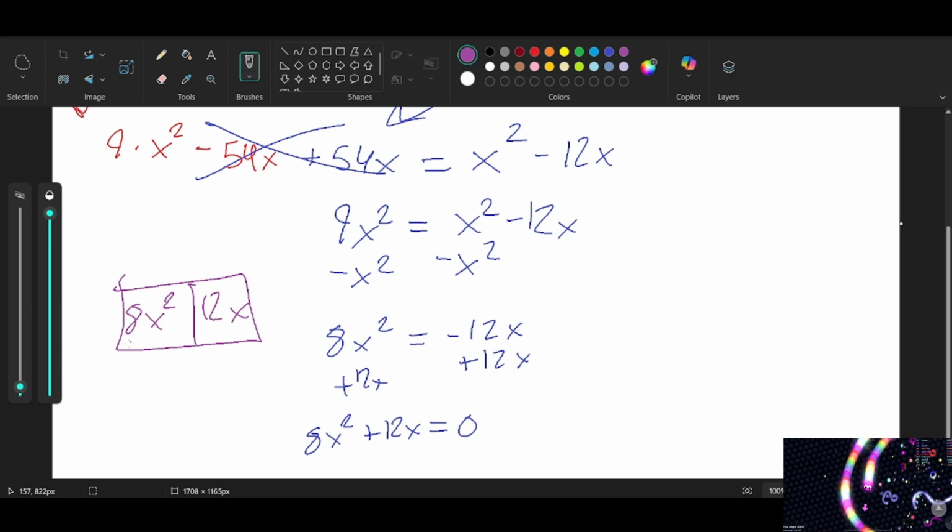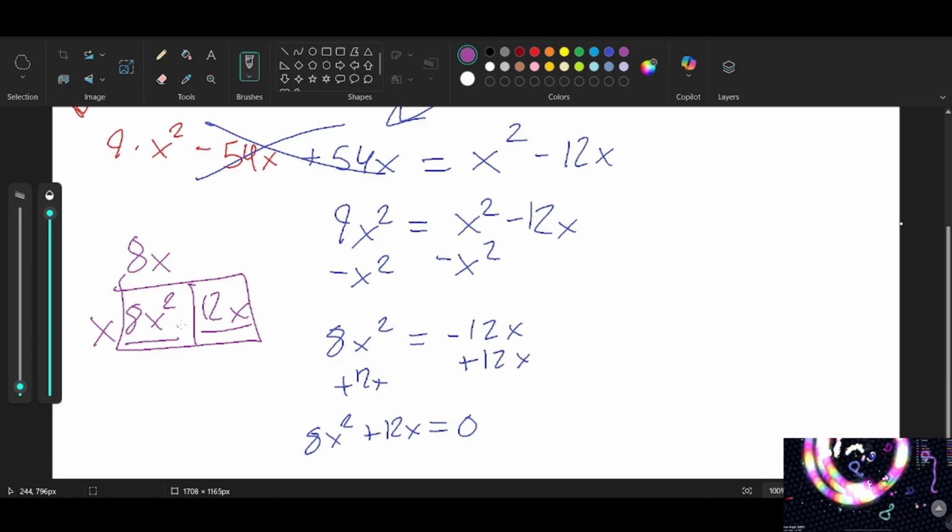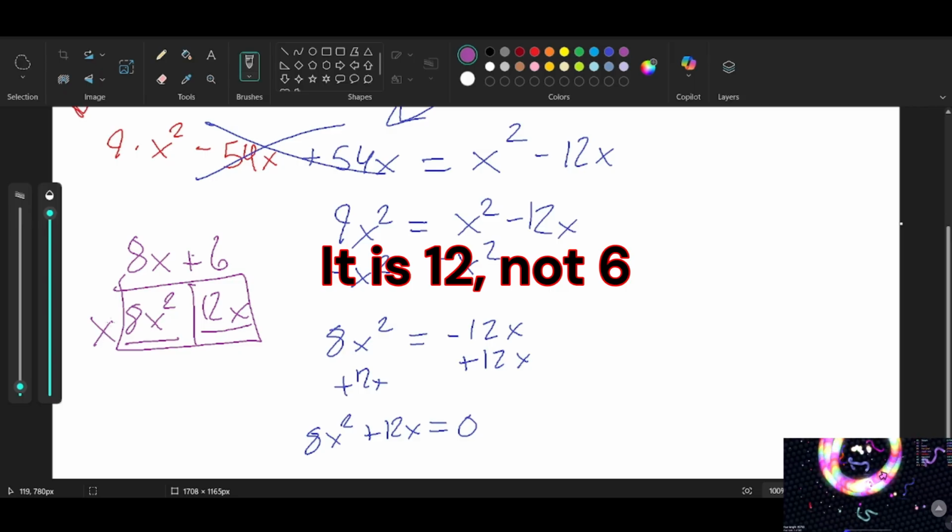So when I see that I have an x in this one and an x in this one, granted this is x squared, both of these have an x, so I can pull out an x, right? x times 8x equals 8x squared. x times 12 equals 12x. So technically I could have parentheses x and parentheses 8x plus 12. It'll get you the same answer.